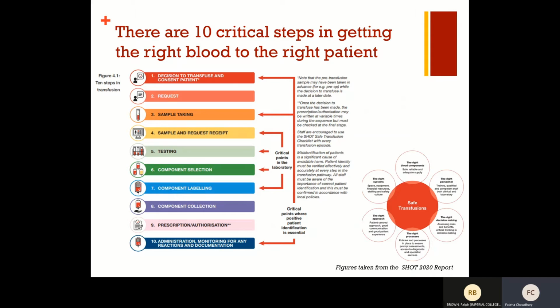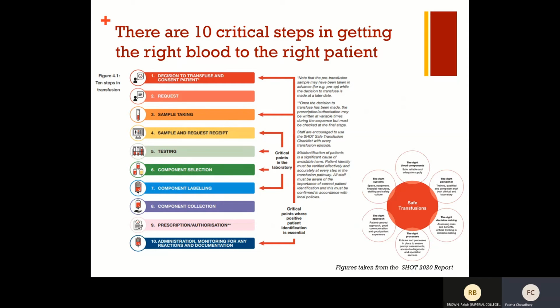So we need to have the right systems in place, so have the right space and equipment, and the resources with staffing and a culture of safety. The right blood component, we need to make sure that we've got safe, reliable and adequate supply. And with regards to actual personnel giving the transfusion and those people in the laboratory who are doing the testing, we've got to make sure that they are trained and qualified and competent.